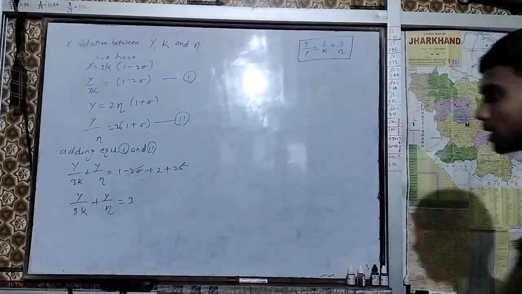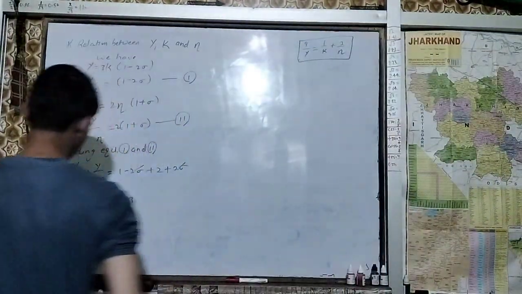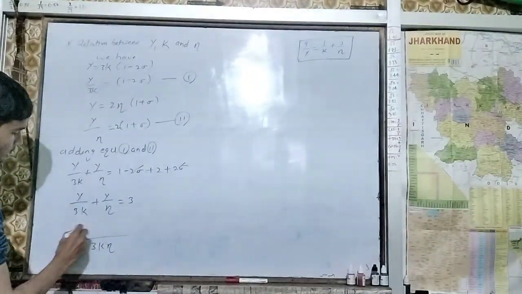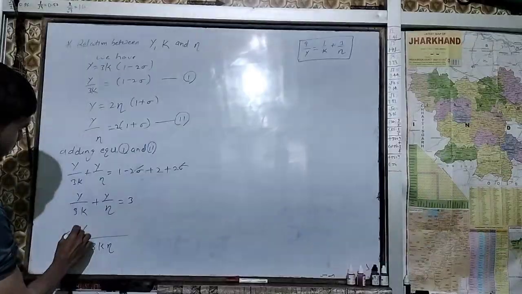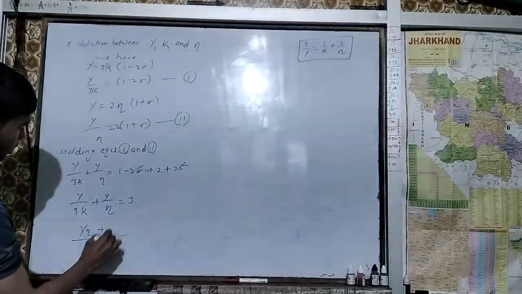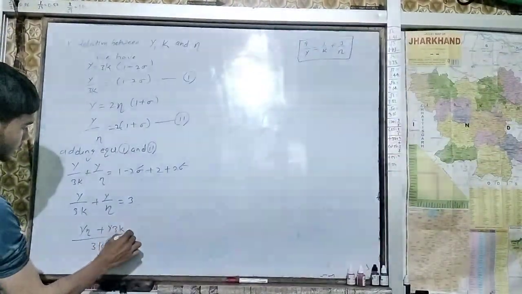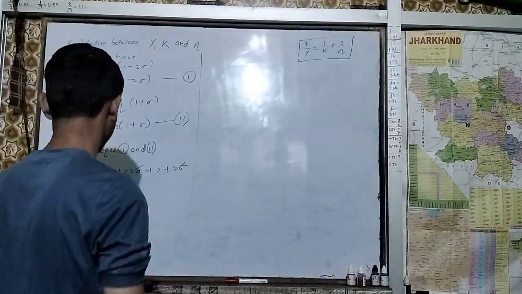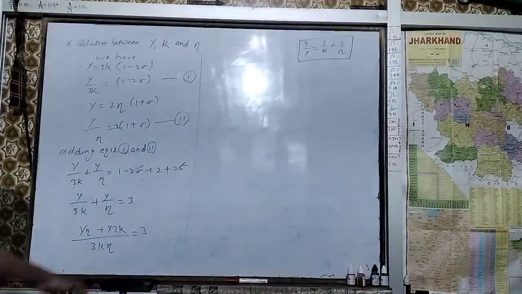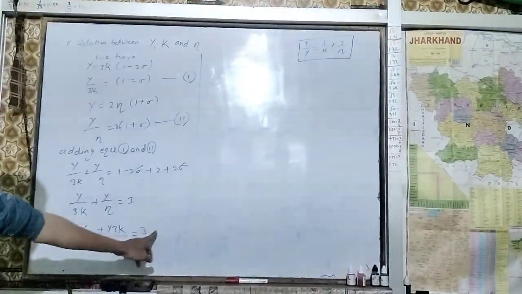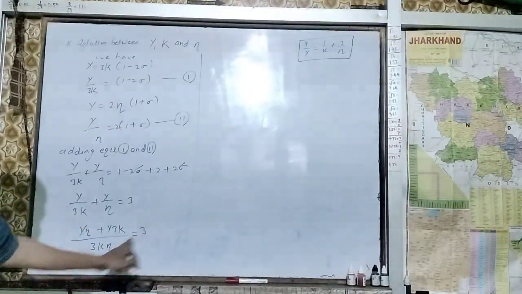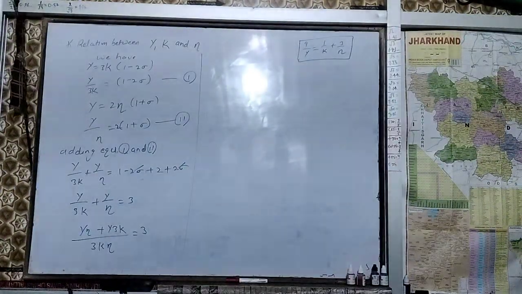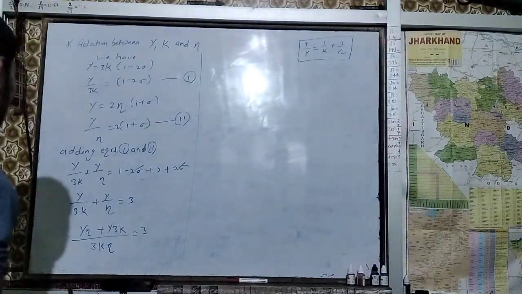Now simplify this fraction, 3kη and then 3k, so y upon 3kη, and 3 should be as it is. Now when you shift this over here with this, 3 3s are 9, 9kη.